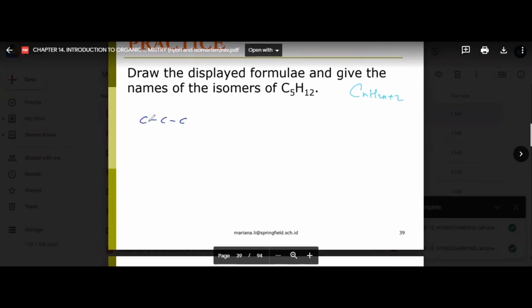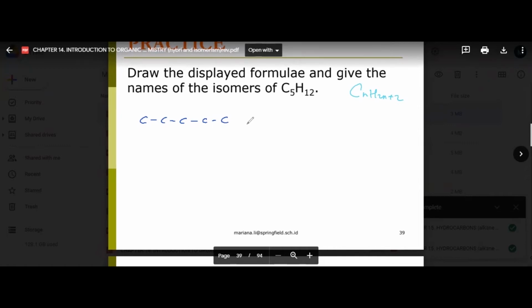So let's start with the straight chain: 1, 2, 3, 4, 5. Every time you make isomers, I'd like you to give names, because if not, you will make mistakes by drawing the same structures.